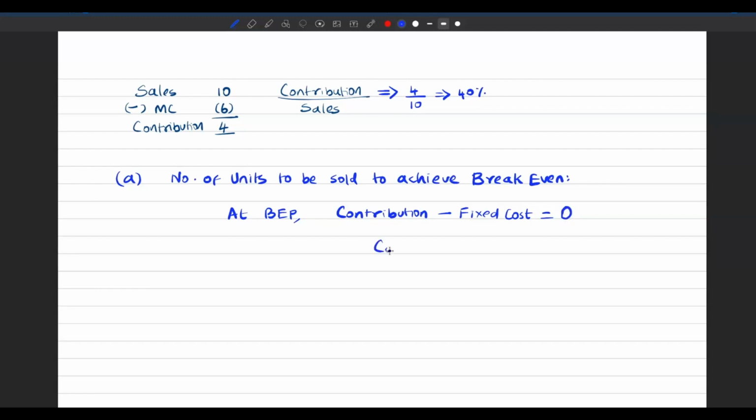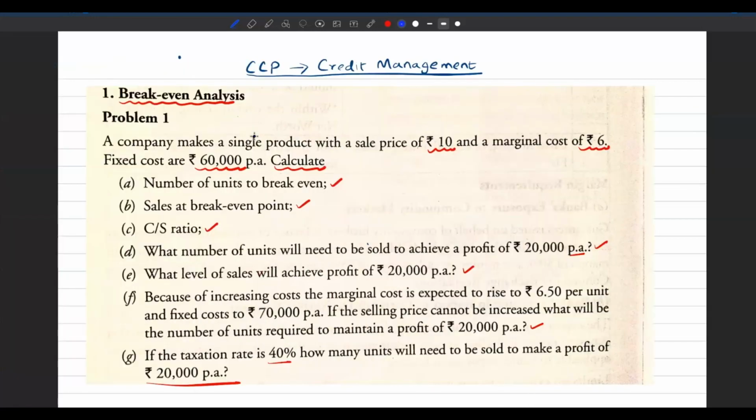It means it's going to be 0. So, this gives rise to the understanding that at break-even point, your contribution is going to be equal to fixed cost. Do you know what is contribution? We know contribution per unit, which is 4. But we do not know what is the total contribution. But now that's going to become simple, because we know what is the fixed cost. Fixed cost is given in the question.